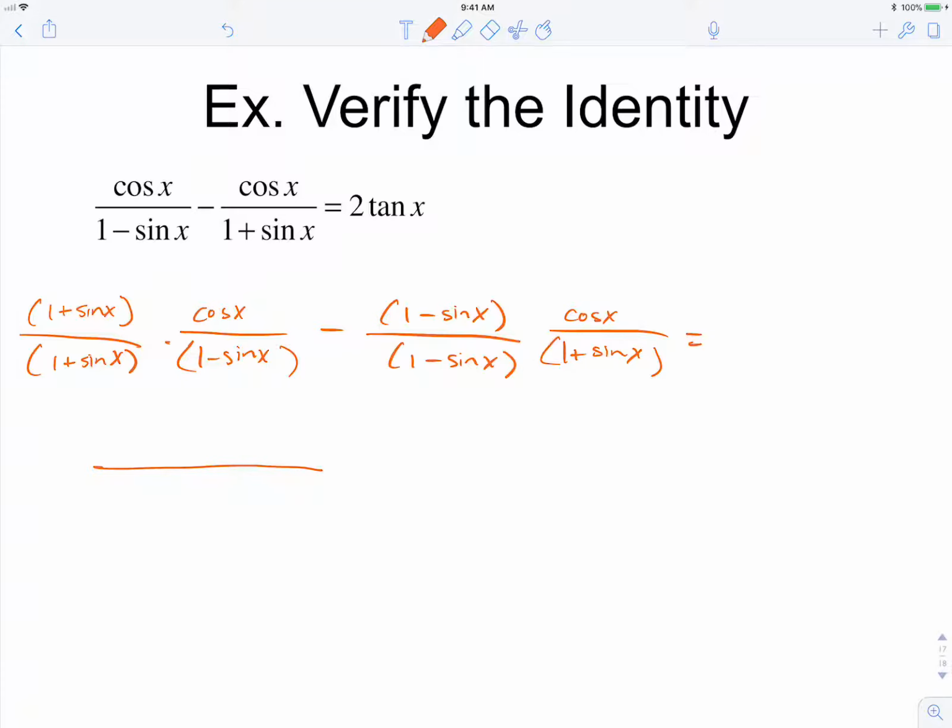So 1 minus sine squared, if we multiply that out. And in the numerator, if we distribute the cosine, we'll have 1 plus cosine times sine. Okay, that'll be minus cosine. And plus cosine times sine.